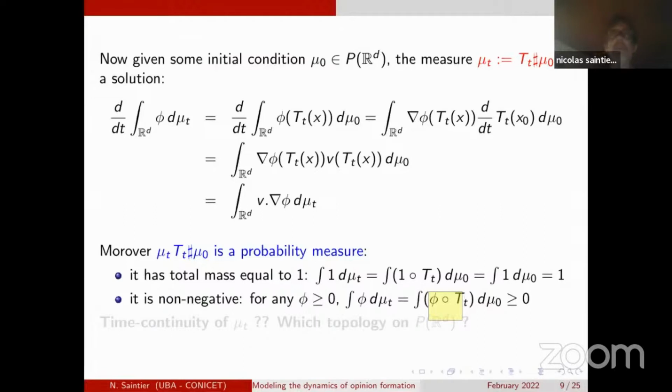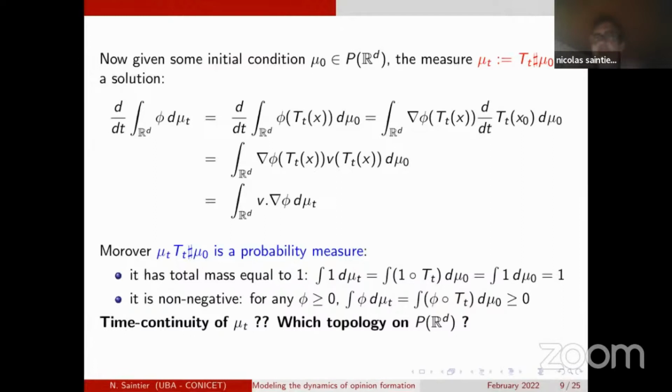I still need uniqueness, and I still lack continuity with respect to the initial condition. But the good point is that up to now, we've got a nice solution which intuitively is easy to understand: just move along with the trajectories of the vector field. And that's it. So let's say a word about time continuity of mu t.